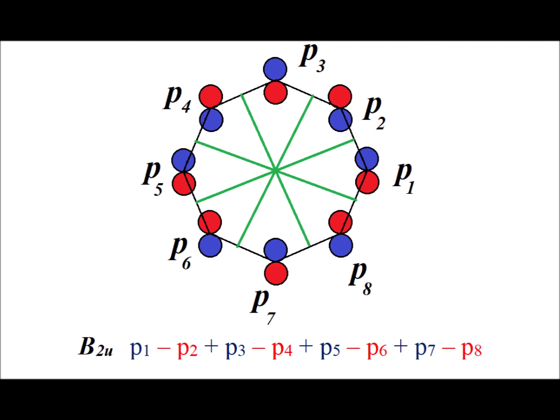B2U is our eighth and final molecular orbital, the final linear combination. Notice that it has four nodes, denoted by the green lines.